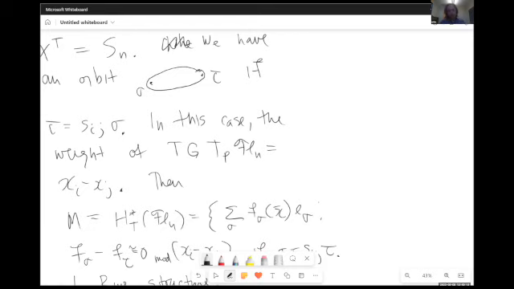Okay, so let me go back to the board here. And I want to say what the space is that corresponds to this formula.